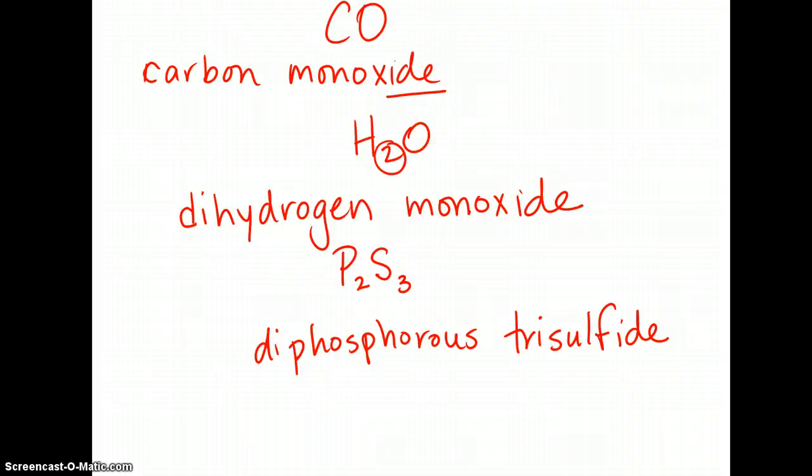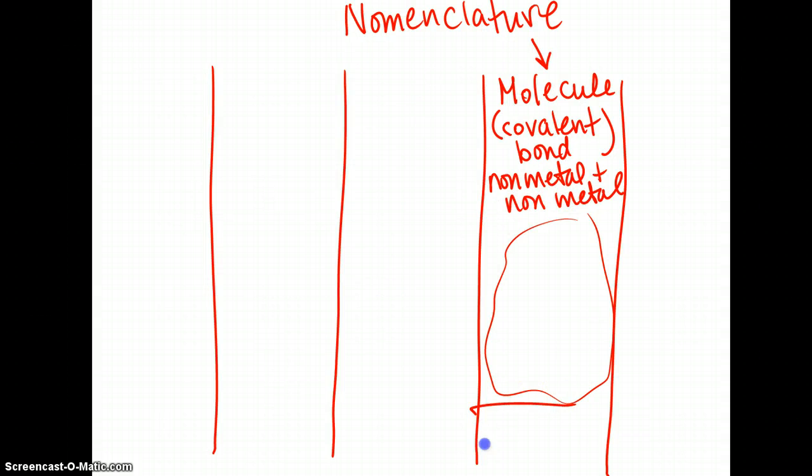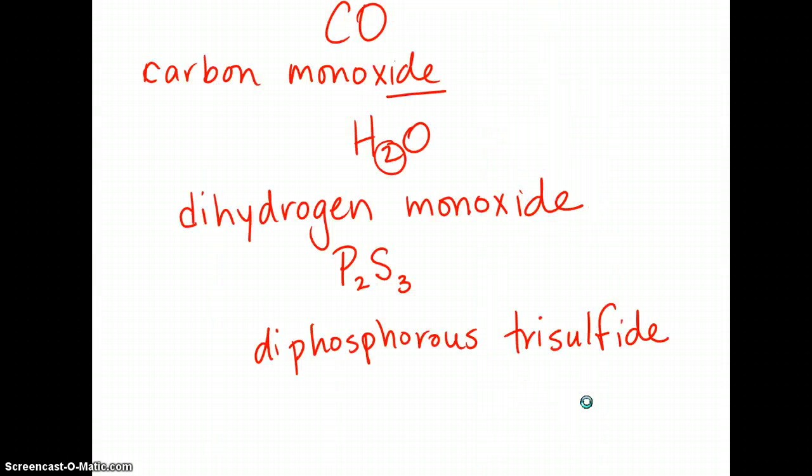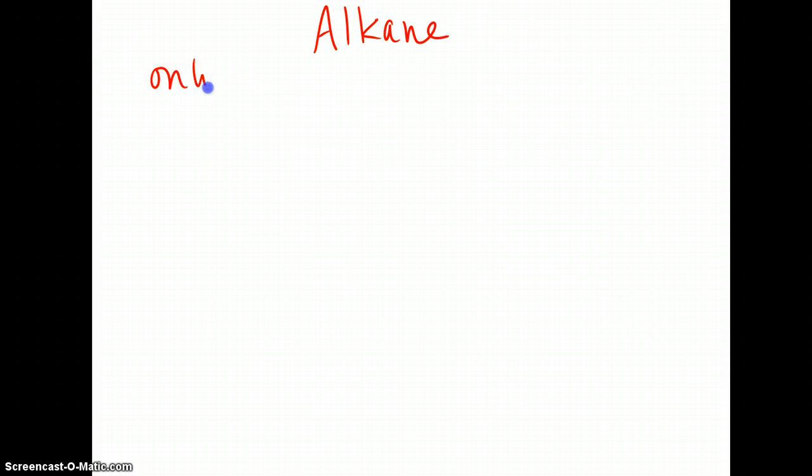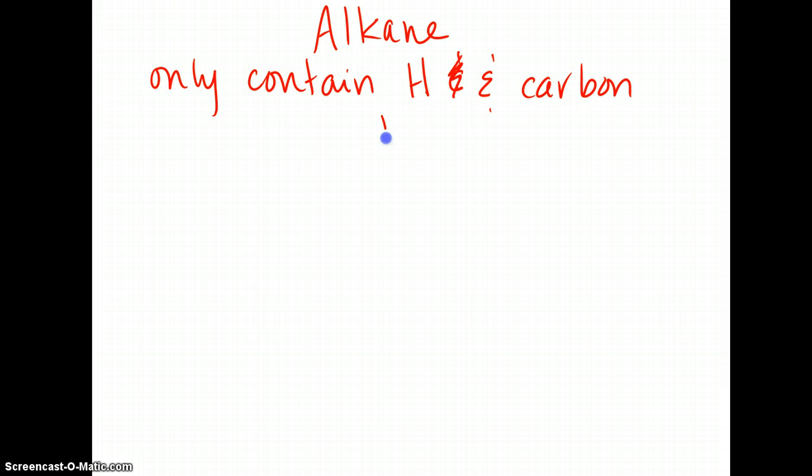So one other category that I want to include under molecules are the alkanes. If you can place that in this area just below, we'll write down alkanes. These are a unique type of molecule because they only contain hydrogen and carbon and nothing else.